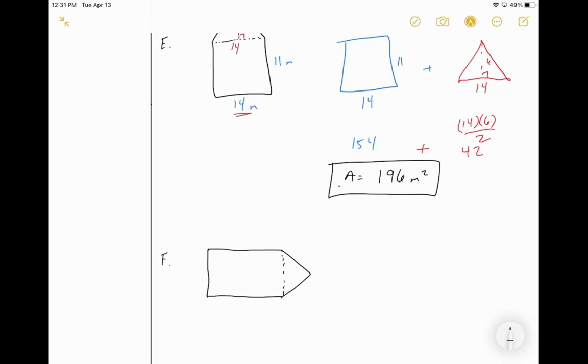This is going to be... All right, can you find the area of that for me, please? Find the area of this shape for me, please.